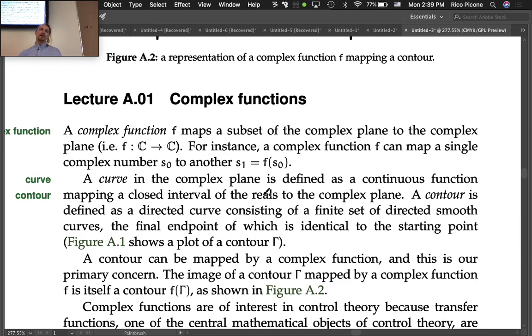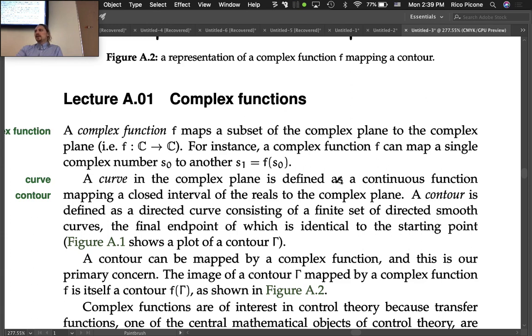Okay, so a complex function f maps a subset of the complex plane to the complex plane. So it just takes a complex number and returns a complex number. For instance, a complex function f can map a single complex number s0 to another, s1, by just plugging it in. Just plug s0 into the function, you get s1. They're both complex numbers.